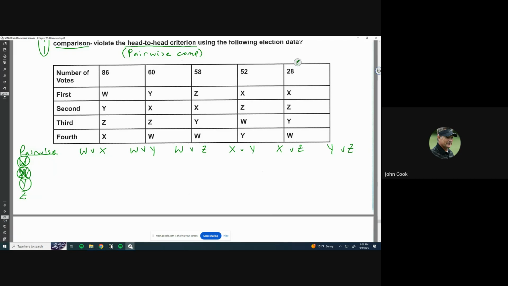This one takes a little bit of time, so play this at double speed to go through it. I'll just do the normal amount of time that I do here. W versus X means that Y and Z are going to be eliminated.